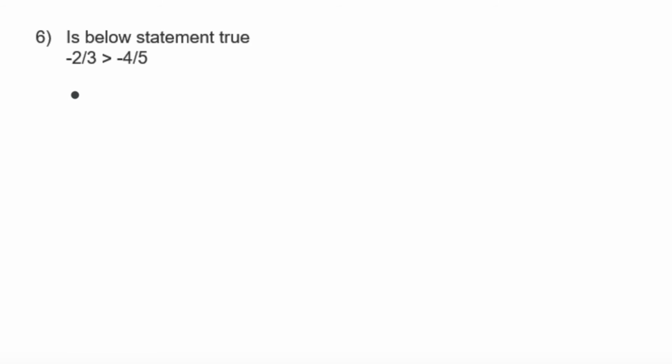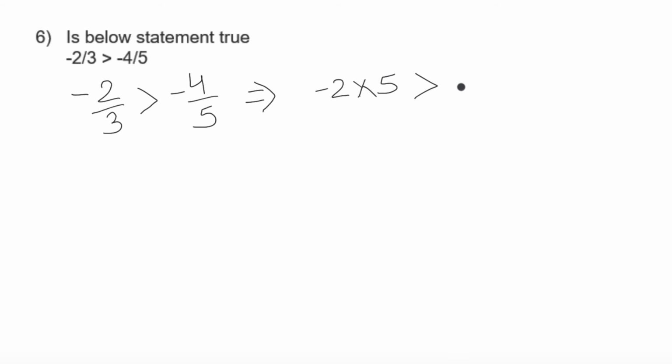Similarly, let's see if minus 2 by 3 is greater than minus 4 by 5. Again, we apply the same formula, minus 2 multiply with 5 is greater than 3 multiply with minus 4.